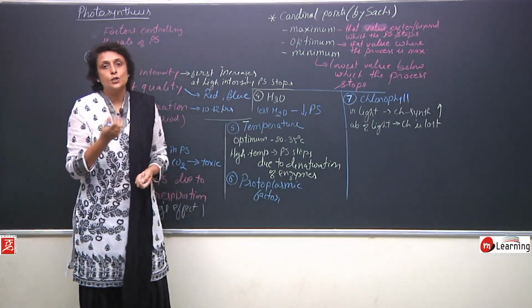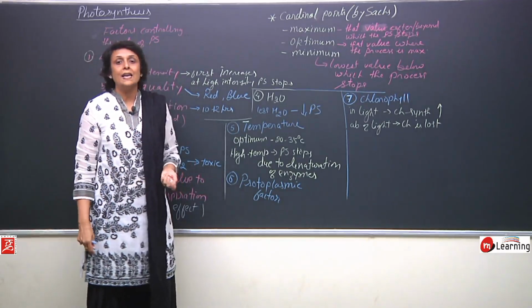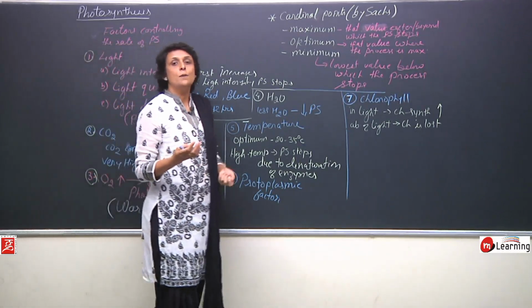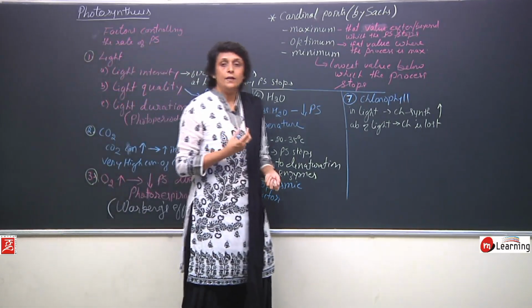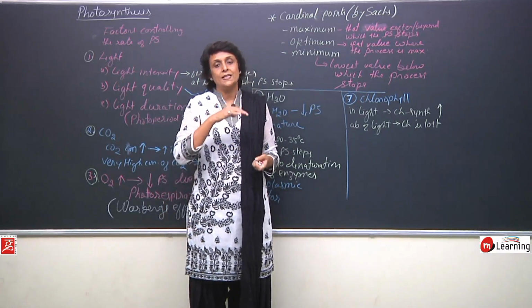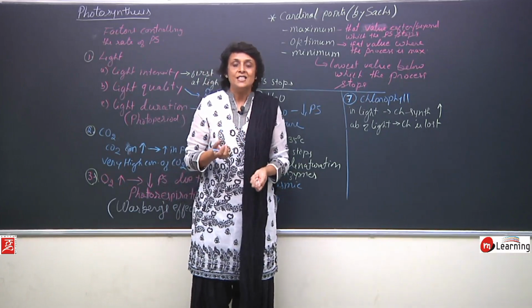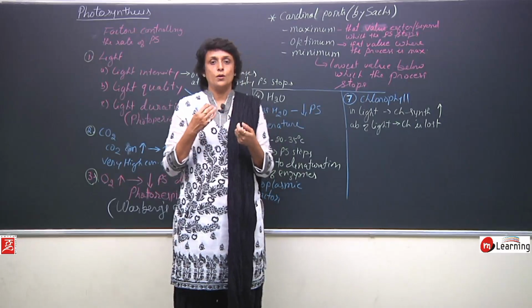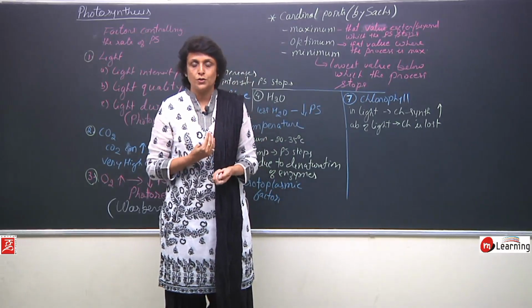One more factor which may play a role is arrangement and number of chloroplasts, but this is dependent on the requirement of the plant. When we talked about the cellular organelle, we said the chloroplast number and arrangement is dependent on light. Every leaf has to perform photosynthesis.